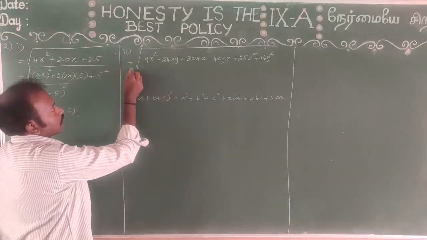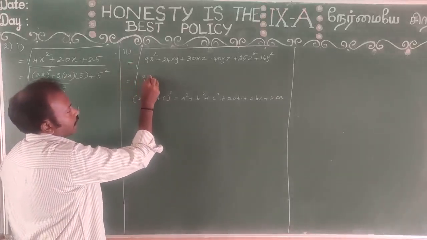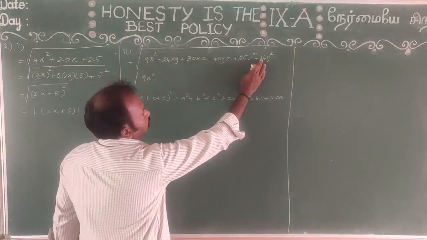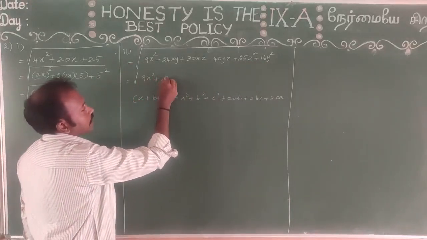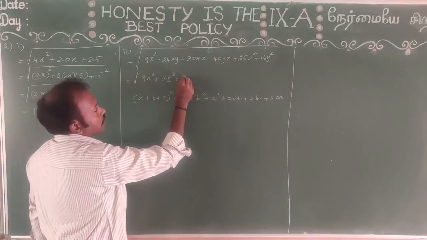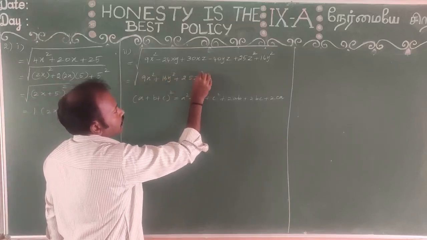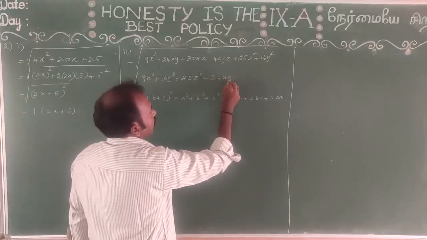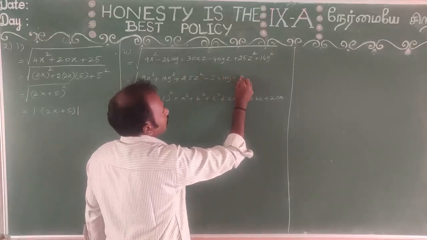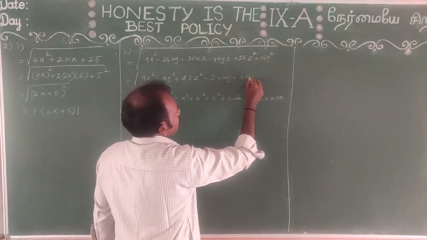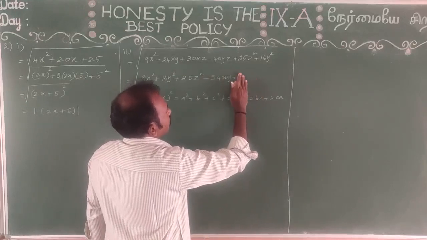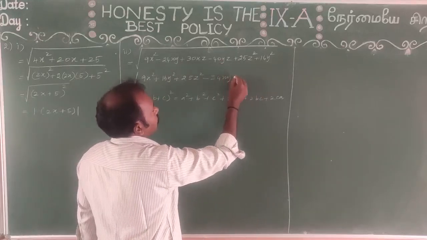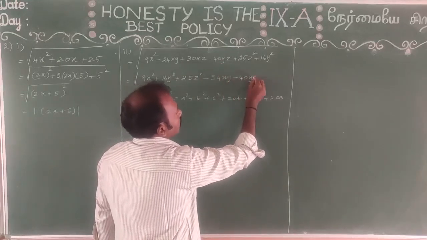That is root of 9x square plus 16y square plus 25z square minus 24xy plus 30xz minus 40yz.